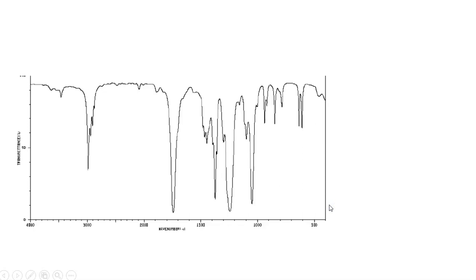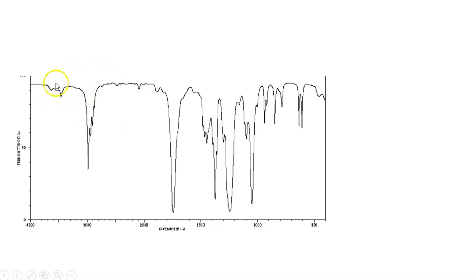Okay, so now I'm going to look at my IR spectrum. Now remember, we're not really looking at anything less than about 1500 wave numbers because that is where we get into the fingerprint region, which is quite particular. But if we look at the top, we're going to start at the left-hand side. Around about 3,000 to 3,500, there's nothing there. That means that there's no nitrogen-hydrogen bonds and no oxygen-hydrogen bonds, because that's where we find them.